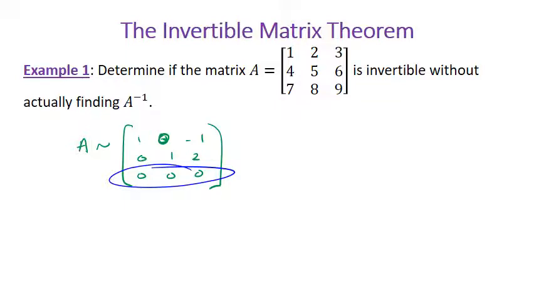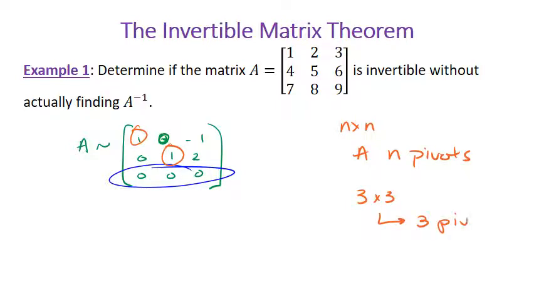And in this case, there are only 2 pivot positions. And if you refer back to that theorem at the beginning of the section, it says that if we have an n by n matrix, then A has to have n pivots. Well, in our case, we have a 3 by 3 matrix, so we need to have 3 pivot columns. And we only have 2. So this matrix is not invertible.